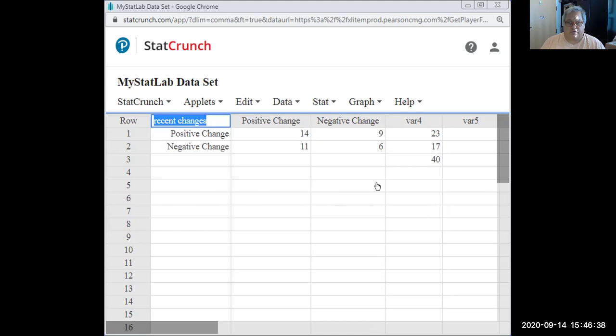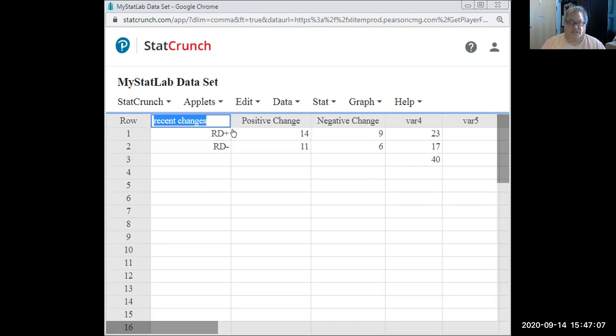To avoid confusion, the first thing I'll do to this table is change the labels, because having positive and negative change labels for the rows and positive and negative change labels for the columns is quite confusing. So I'm going to call the first row recent day plus for positive change, and recent day minus for negative change.